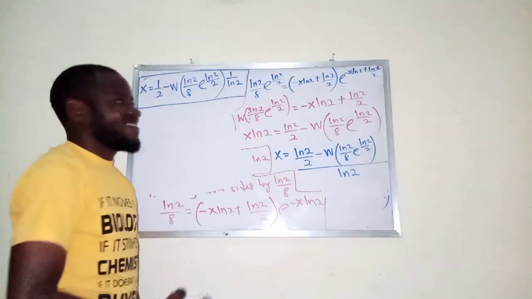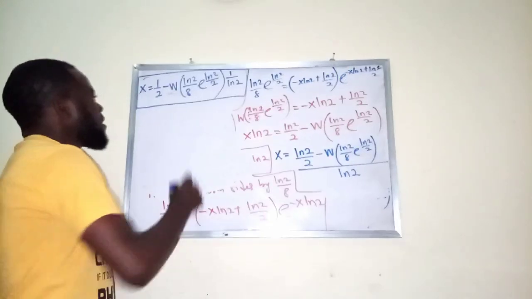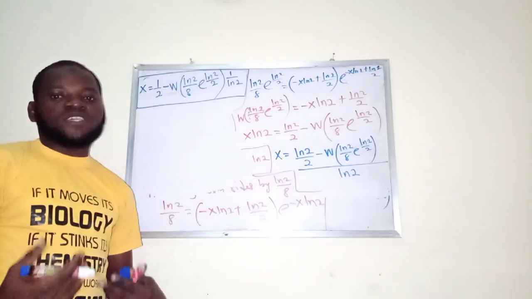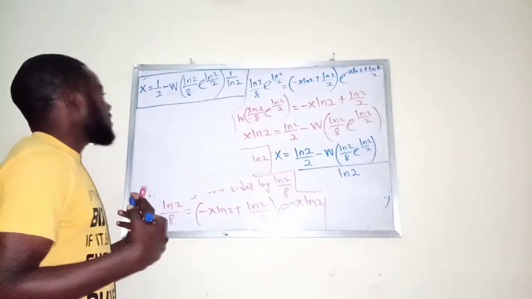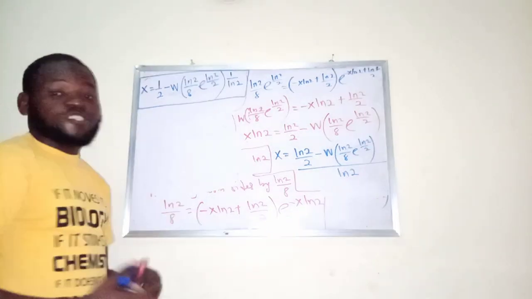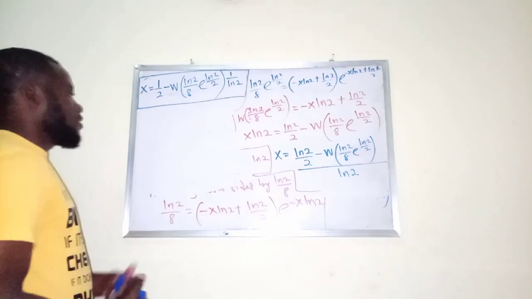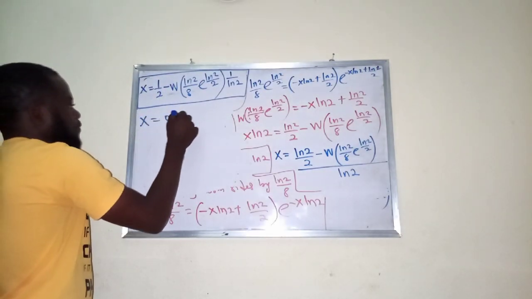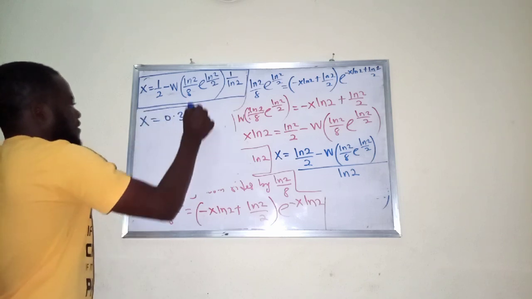Now you're about to ask me, what is going to be the value? Absolutely, the value cannot be a whole number, that is, it cannot be an integer, so it's going to be a rational number. So this is exactly x equal 0.35.